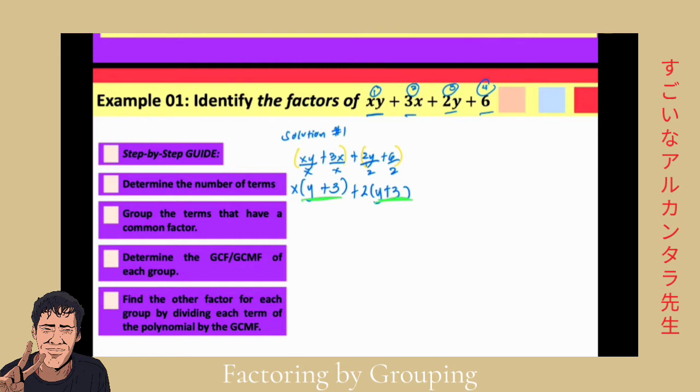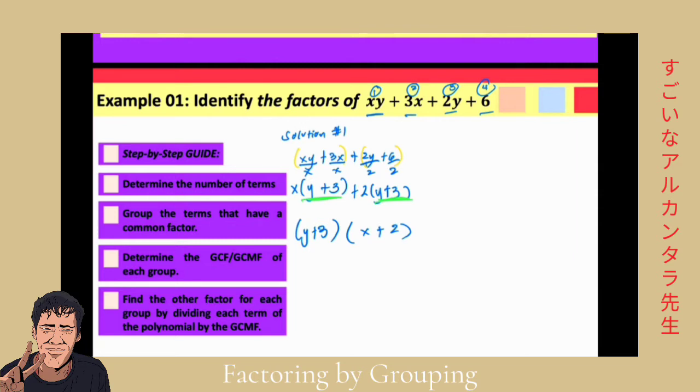And to put this into perspective, all you have to do is copy one of them to factor it out. Factor out the y plus 3 for this given. So you will have y plus 3 times the quantity x plus 2. You might be thinking, sir, what's happening? This is complicated.